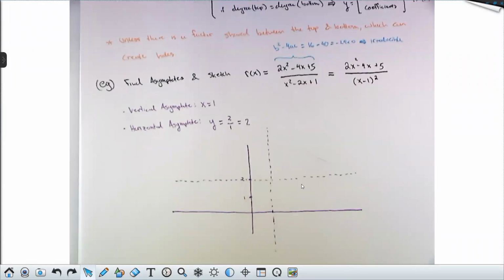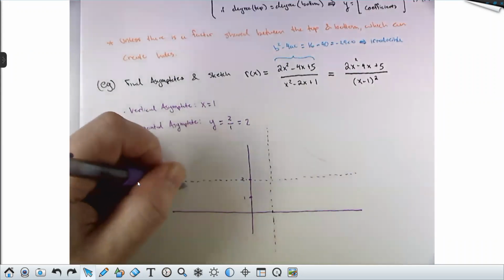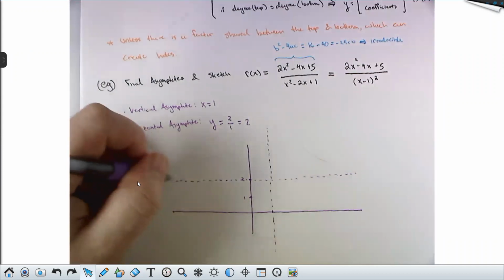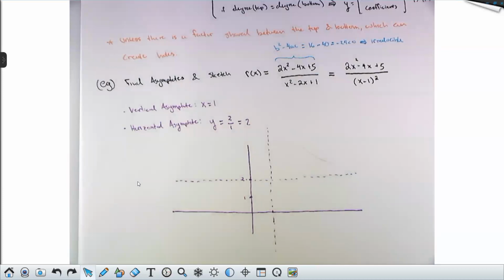I know that my function has to approach this horizontal asymptote on either side. So there's either going to be an arrow like down here sneaking up on that horizontal asymptote from below, or an arrow up here sneaking up on that horizontal asymptote from above.